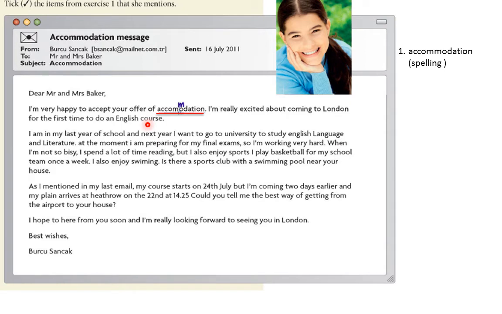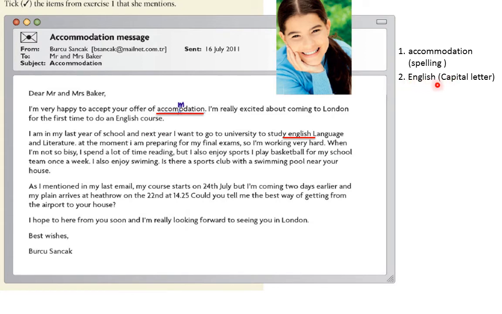There is no mistake here. Let's go to the second paragraph. I am in my last year of school and next year I want to go to university to study English language and literature. The mistake here is English. English should always be written with a capital E at the beginning of the word.